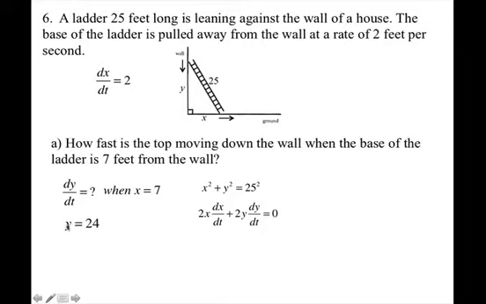I need the value of y when x equals 7, so I use the Pythagorean theorem with 25 and 7 and solve for y, to get y to be 24. I plug in what I know. The 2's, of course, cancel. And once I solve for dy/dt, I get negative 7/12 feet per second.